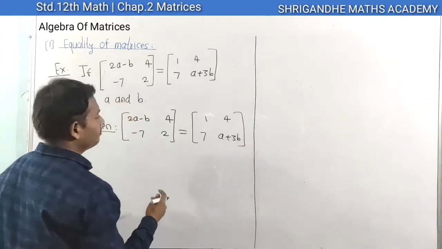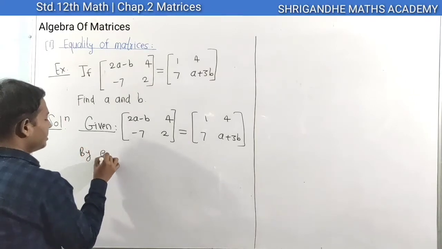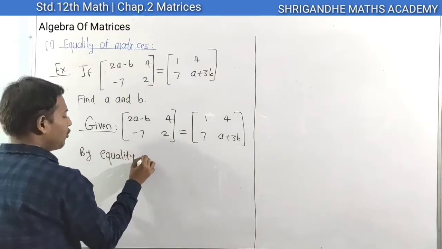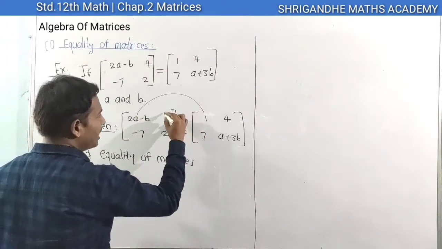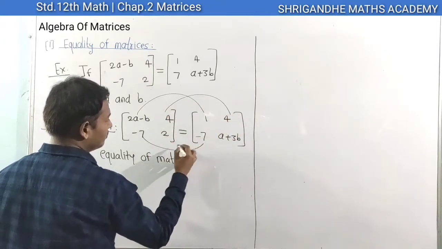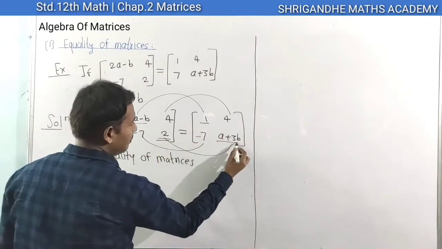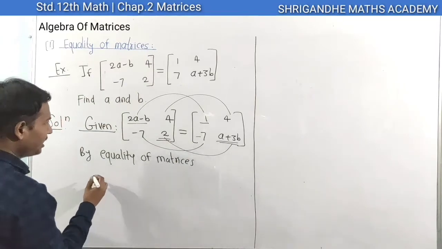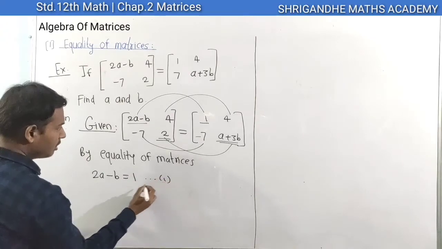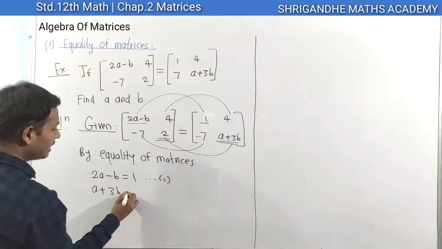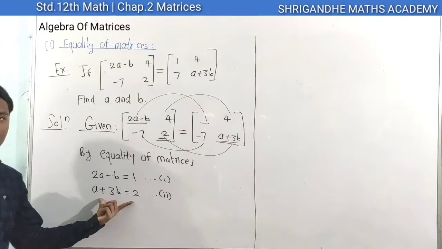Therefore, by equality of matrices, we get 2A minus B equal to 1 and A plus 3B equal to 2. Therefore, we write 2A minus B equal to 1, equation number 1, and A plus 3B equal to 2, equation number 2. Now, we solve these two equations to get the value of A and value of B.